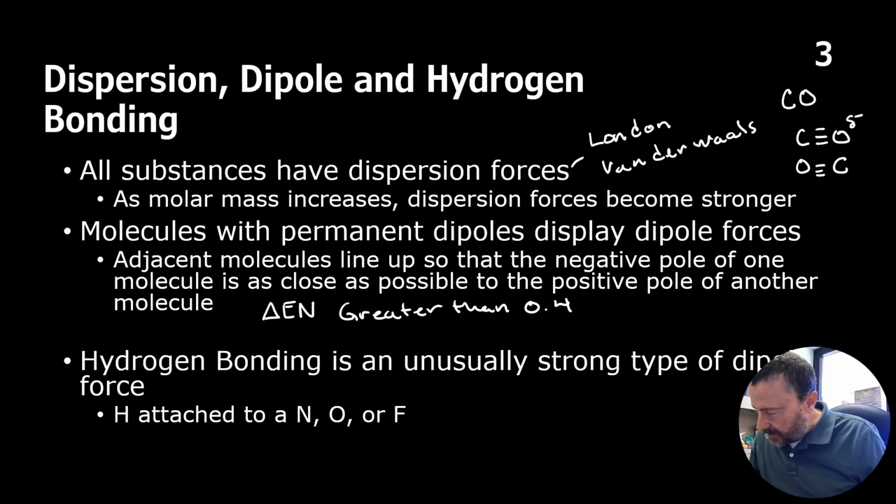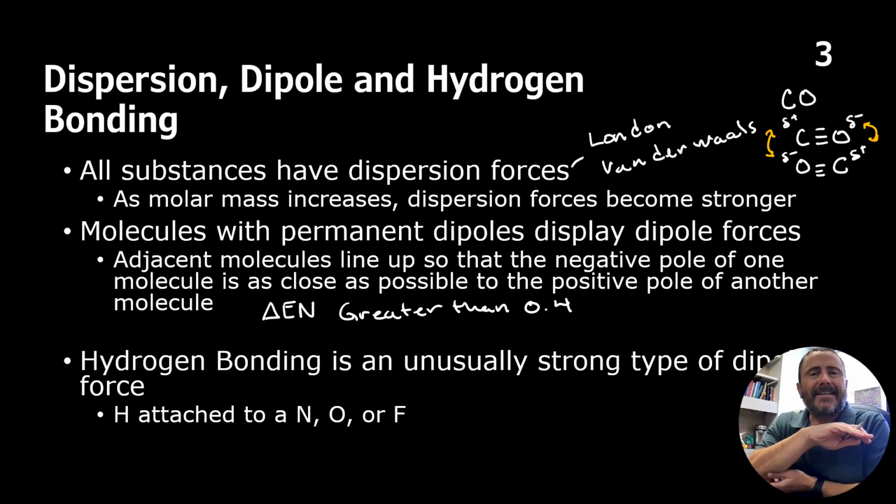Because this side of this is going to be partially negative, and this side of this is going to be partially positive. So it's going to align with the partially negative of the next one, and those are going to align, right? So the negatives and the positives are going to align with each other. And that's going to be a little bit stronger of a force.